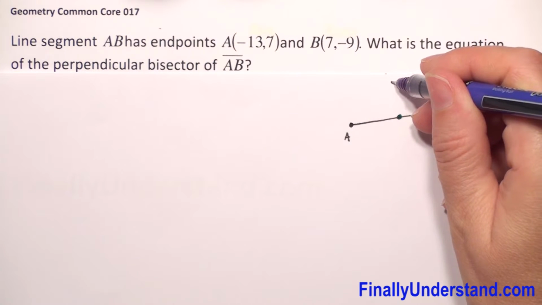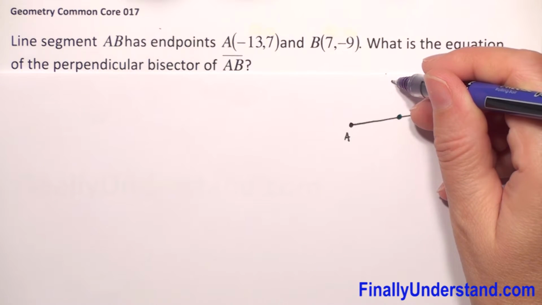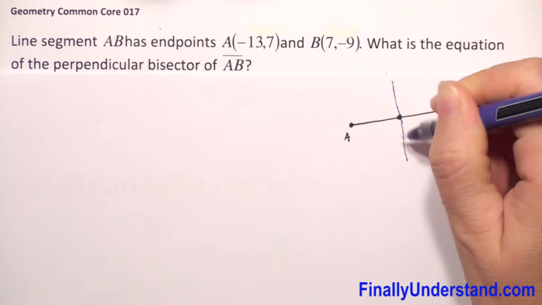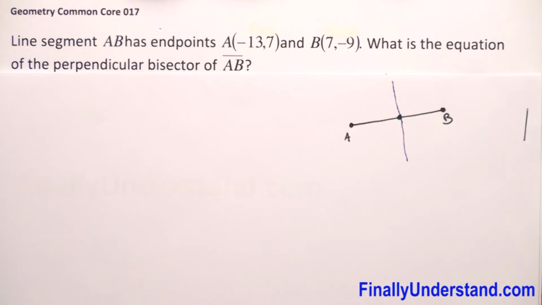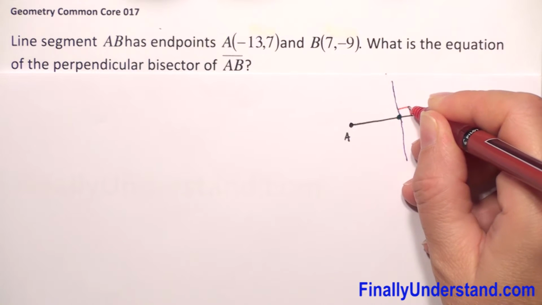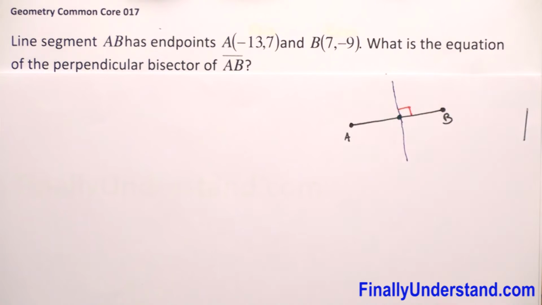So we need to find the equation of the line which passes through the midpoint of AB and is perpendicular to the segment AB. So first we need the midpoint of AB.